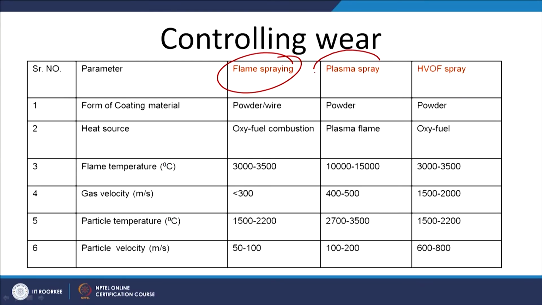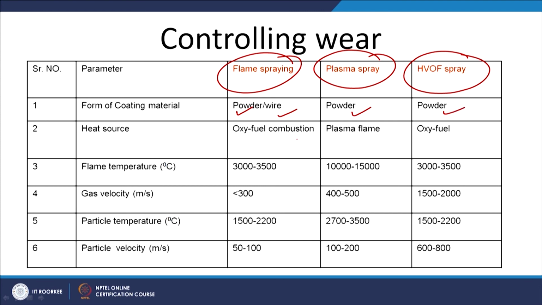Now, we will just see the kind of the heating which takes place and the kind of particle velocity which is achieved during the three most commonly used thermal spray processes, namely flame spraying, plasma spraying and high velocity oxy-fuel spray. So, the coating material which is used for flame spraying can be in form of powder or wire. For plasma spray, mostly it is powder, but it can also be in form of wires, and for high velocity oxy-fuel spray, mostly it is in form of powders.